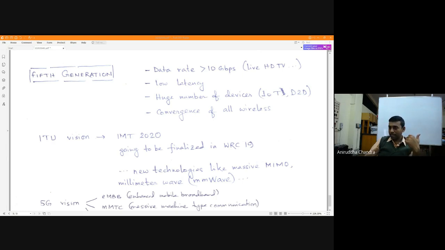But the situation started changing, and from WRC 2019 onwards, a lot of things changed. Nowadays software plays a very big part in the telecom market as well, and the Indian economy is fueled by such software.